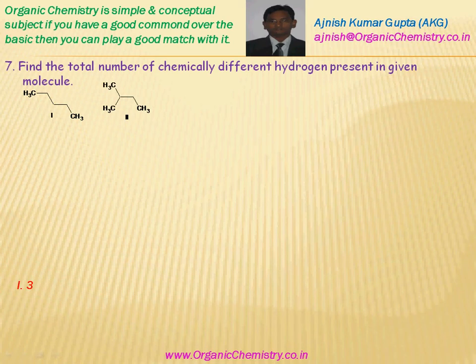For this molecule, this molecule has 4 types of chemically different hydrogen. When we replace hydrogen from this position, this is 1, 2, 3 and 4, you will get 1-chloro-2-methyl-butane. From this position 2-chloro-2-methyl-butane. From this position, this is 1, 2, 3 and 4, so 2-chloro-3-methyl-butane.